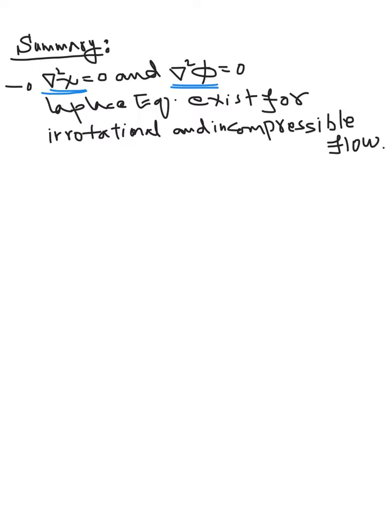Now to solve these equations for a typical fluid dynamic problem, there exist proper boundary conditions. Once we apply those boundary conditions and solve them, the solution will be obtained. The solutions are usually in the form of a sum of elementary solutions. Remember that these equations are second order linear partial differential equations, so the solutions can be added together.